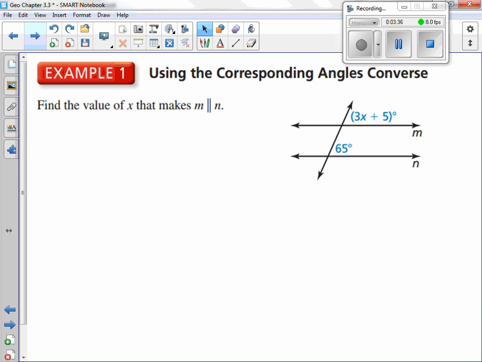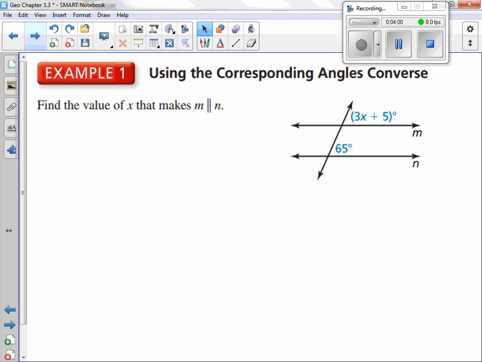So what we're going to do here and on the homework assignment is show or find a value of x that will make these lines parallel. Looking at this here, the 3x plus 5 and the 65 degrees, those would be corresponding angles, yes? So if those corresponding angles are congruent, then what?